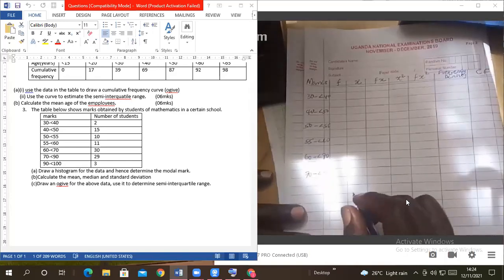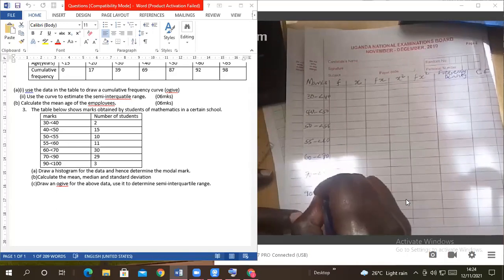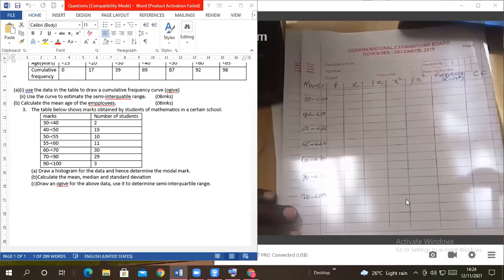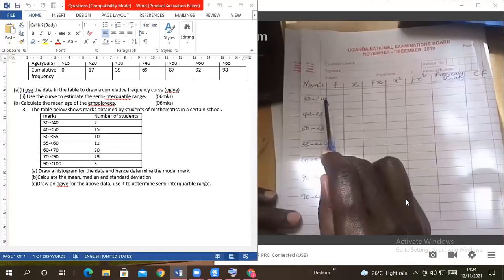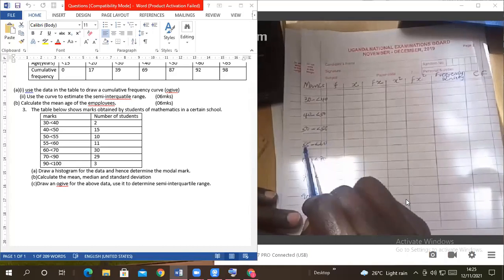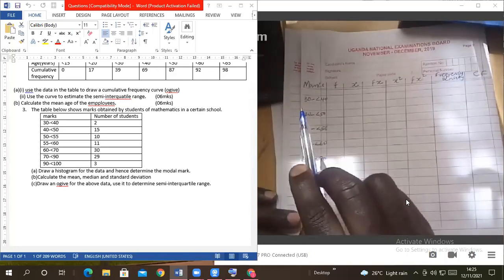And lastly, 90 less than 100. So you can see clearly that those upper class boundaries are continuous. So these are class boundaries, okay?